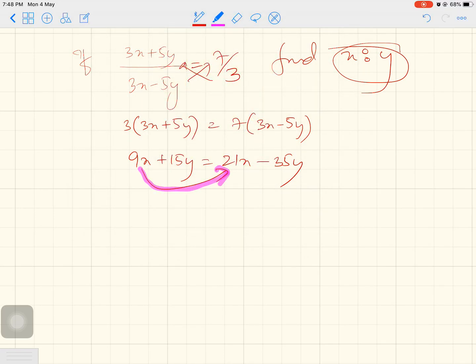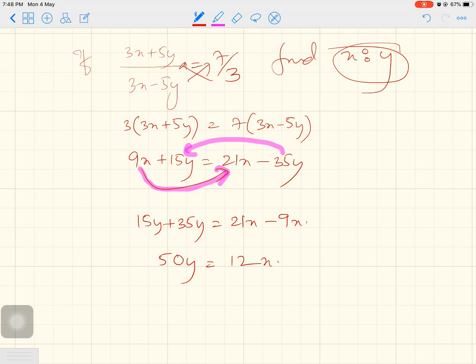Let me take x here and bring the y this side, transpose. So that would make 15y plus 35y equals 21x minus 9x. So let's subtract. That's 50y. And what is 21 minus 9? I suppose that should be 12x, isn't it?